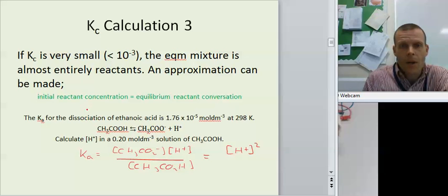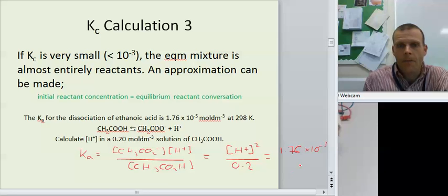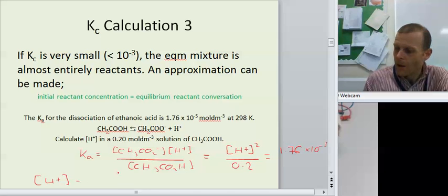Now our approximation is that this is essentially not changing, so that's going to be 0.2 because so little of it dissociates, and I'm told my Kc value, which is 1.76 times 10 to the minus 5, or Ka in this case because it's an acid, and I can solve that for H plus, which is 1.87 times 10 to the minus 3.